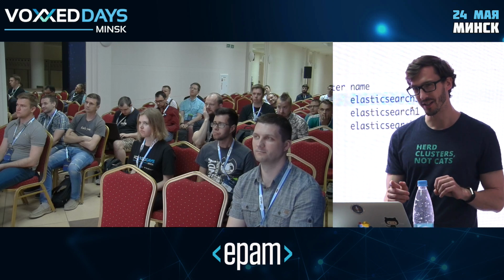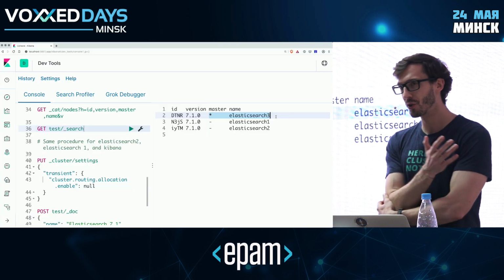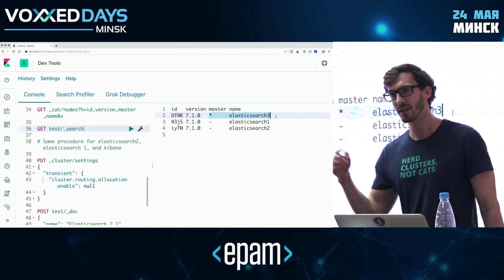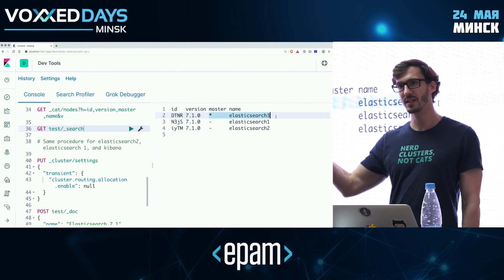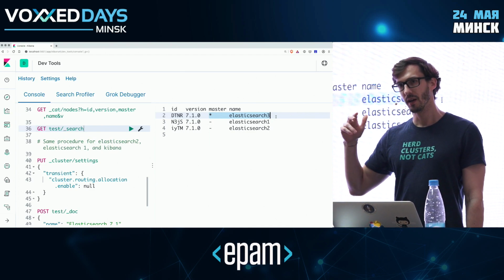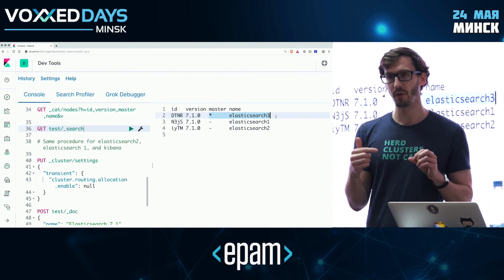You shouldn't be surprised, because initially when a cluster starts, one node becomes the master node. But when I did all these restarts, we started with the Elasticsearch 3 node, which joined the existing cluster, so it wasn't the master node. And then it will depend on whether Elasticsearch 2 or 1 is the previous master node.